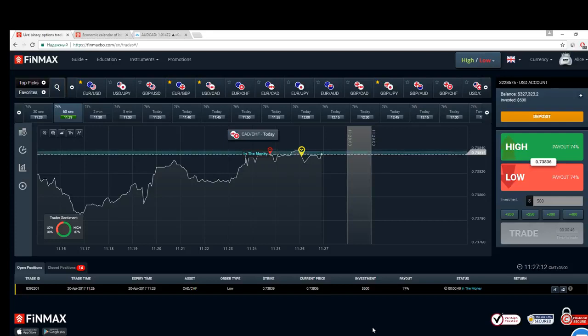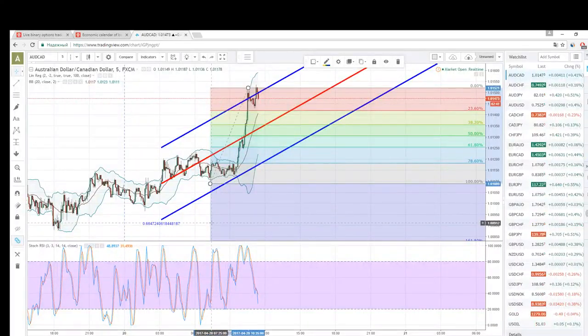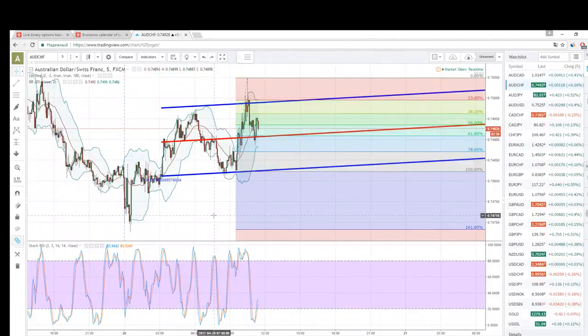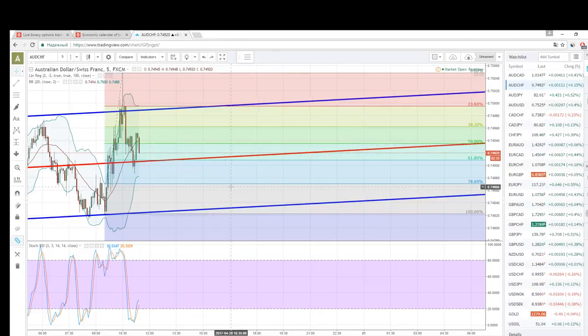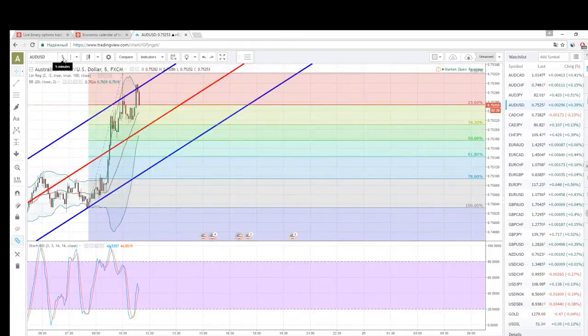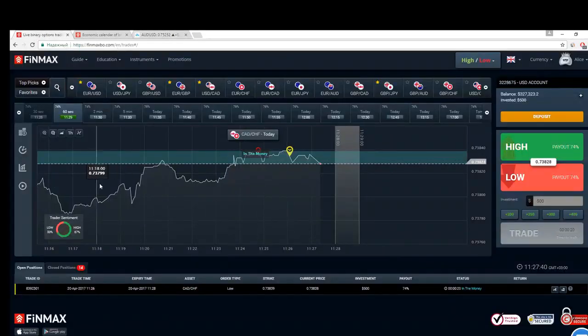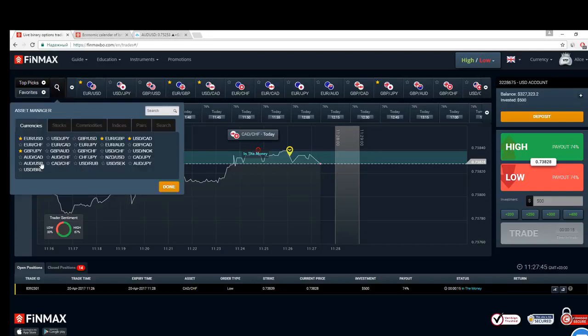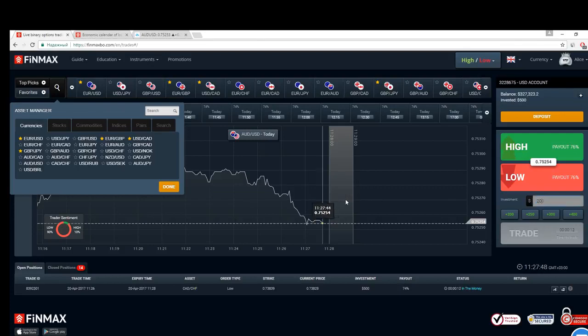Okay, one active trade left. For now, there have been opened like 14 of them. Australian to American, for high, also for 1 minute.